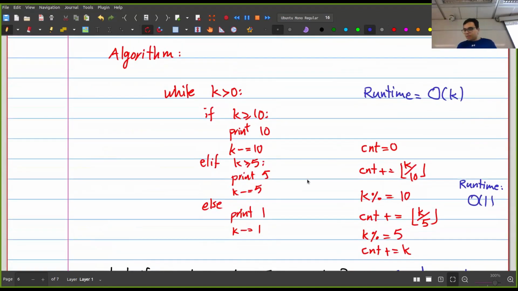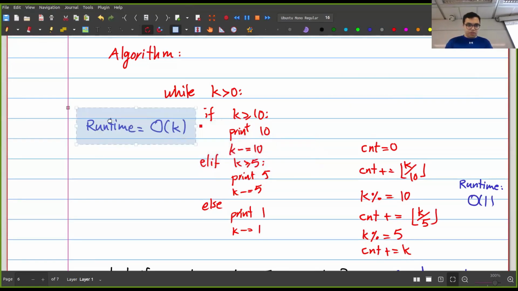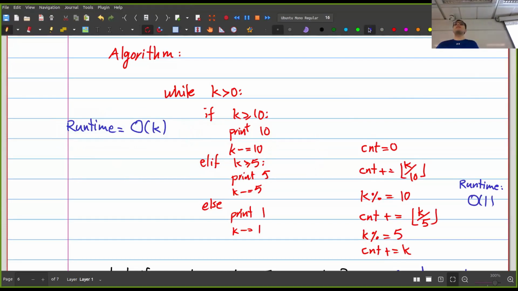Now, this was about the runtime, but how much memory am I using? So let me take this and put it on this side. So how many units of memory am I using here? You see, I'm not really allocating any new memory. I mean, yeah, I have this variable k that I'm working with, but that's constant memory.